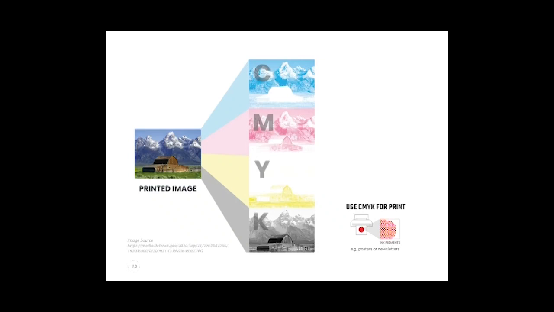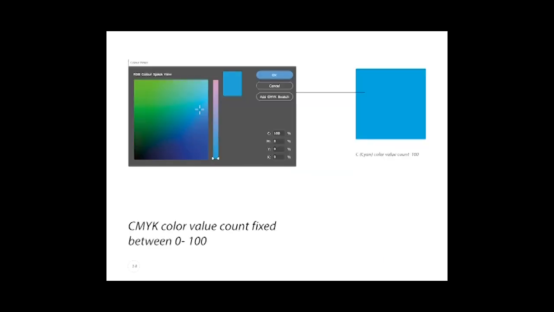So in your design, how do you select your value? CMYK color values count from 0 to 100. Earlier we saw that RGB color values count between 0 and 255, but here we count our color value from 0 to 100, right?